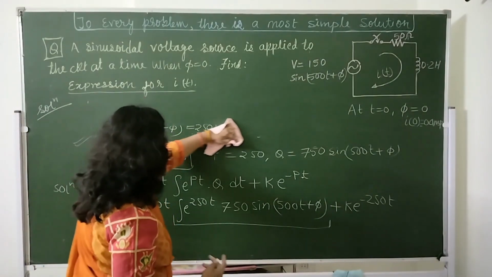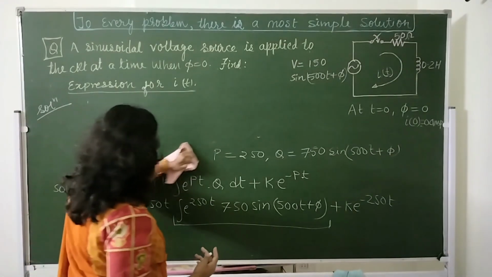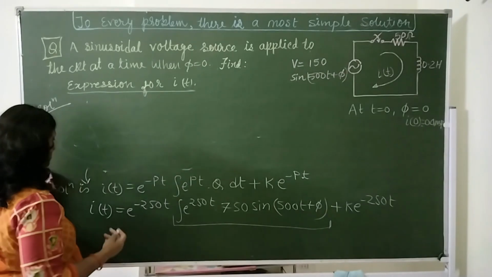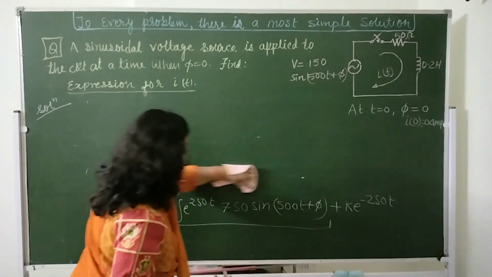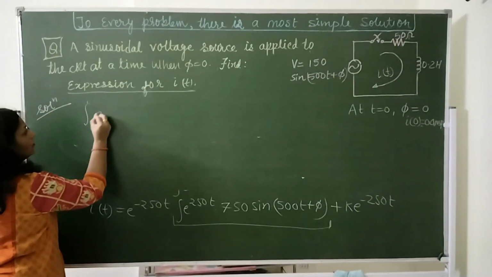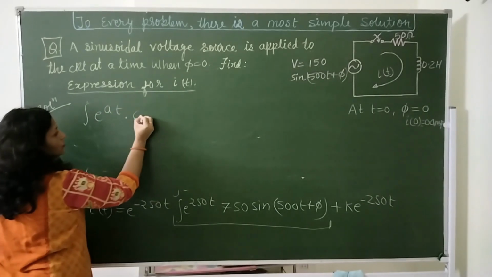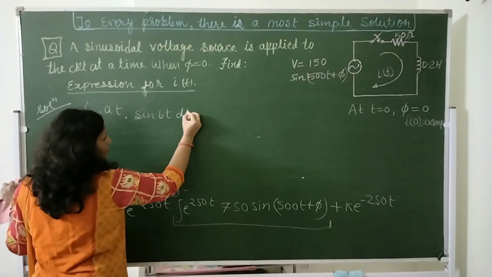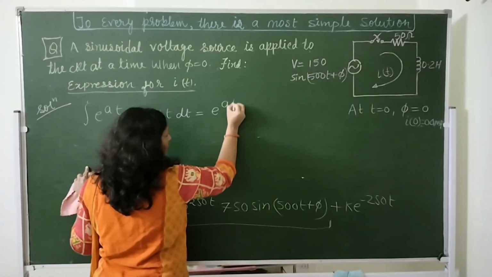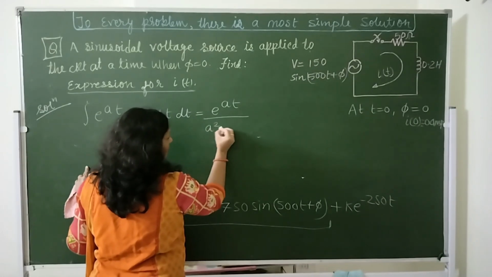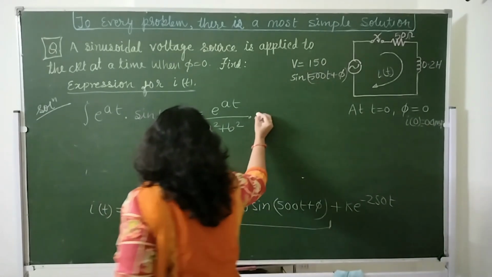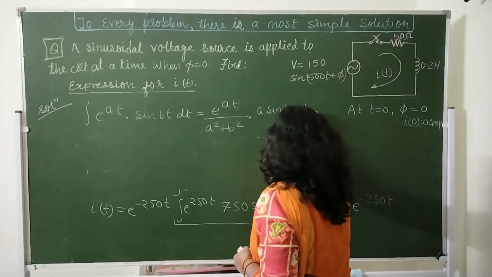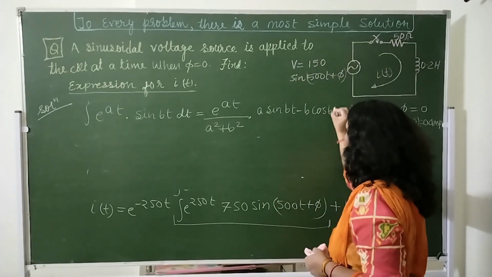We know that the integration of e to the power at times sin bt with respect to t is e to the power at divided by a squared plus b squared, times (a sin bt minus b cos bt).